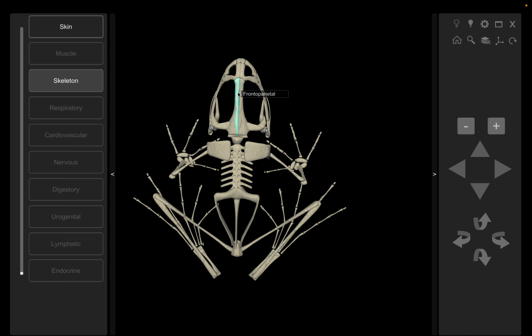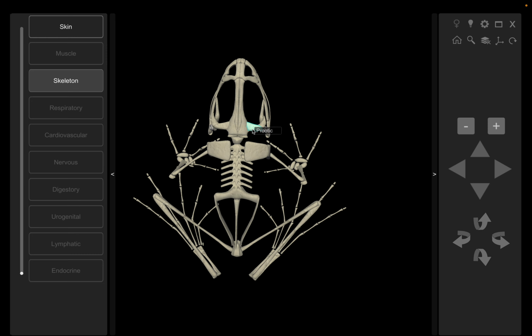And on the area near the neurocranium, we have the pair of paraspinoids here.